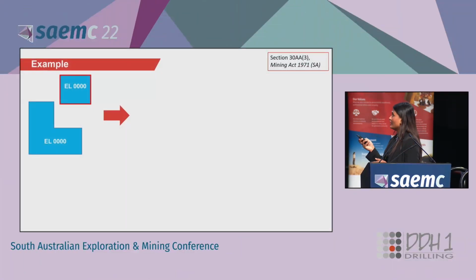Hetherington was able to prepare, lodge and have approved the first application of its kind by the department this year. And so I'm just going to take you through an example of what that means. Currently you might have this EL and you've got this area where you don't want to conduct any further exploration.